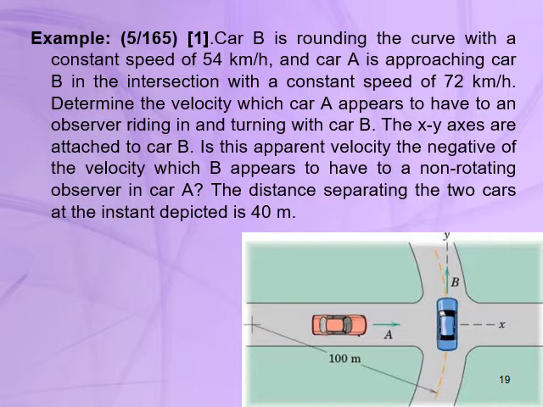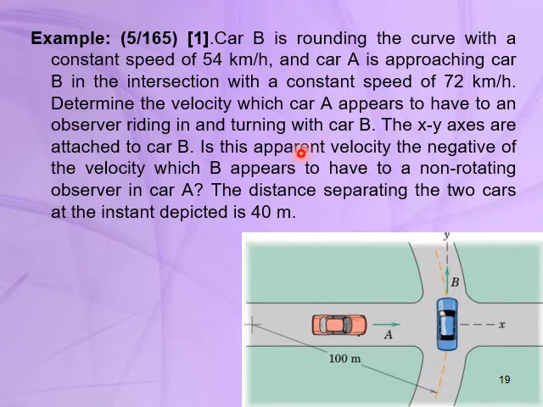Determine the velocity which car A appears to have to an observer riding in and turning with car B. The XY axes are attached to car B. Here you can see this is the XY axis which is attached to car B. This is the attached coordinate system, or the relative coordinate system.